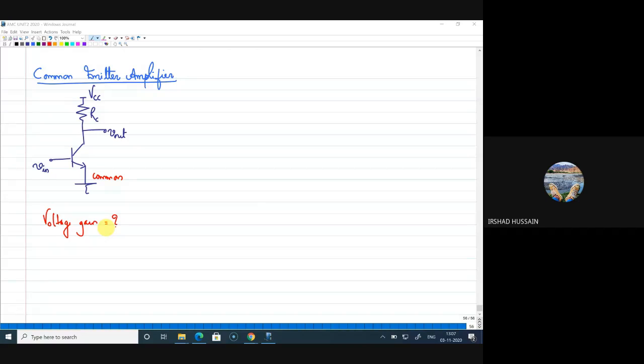Yes, Irshad. So are you getting the answer for this voltage gain? How will you do that? Wait. So what should be done first? What is the first step?